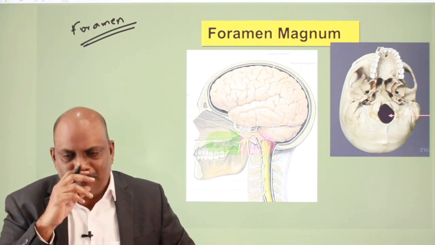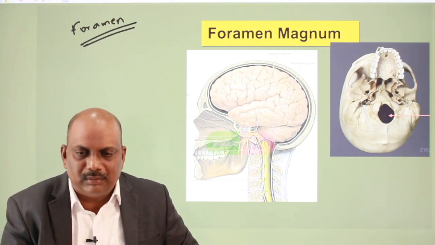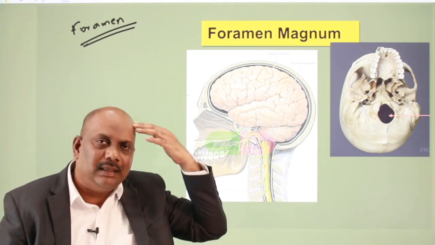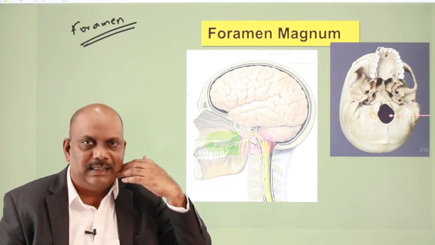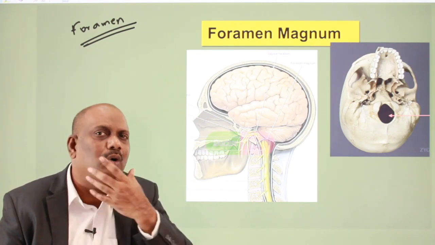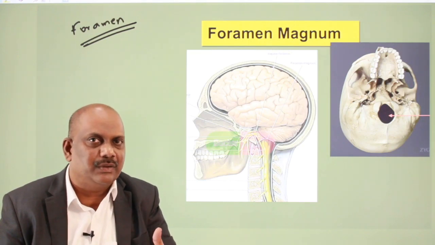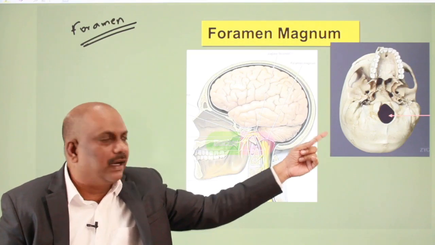One is the foramen magnum. You can see here, right? This is the bottommost portion of the skull, in which the lower jaw has been detached. Okay. So this is the foramen magnum.